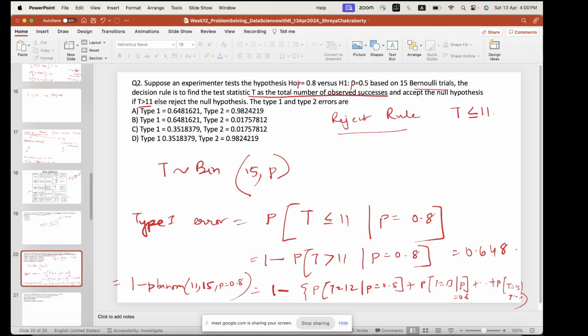Alright. Now, same question, what will be the type 2 error?